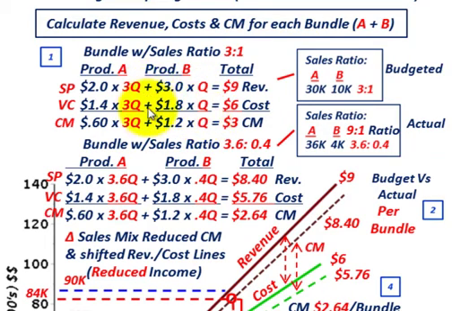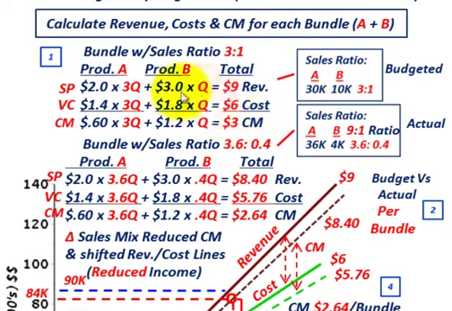So you can see we put in those ratios. For A, a ratio of 3, for B, a ratio of 1. And that gives us a contribution margin. If you do 3 times 60 cents, $1.80, plus 1 times $1.20, adding those together, you're going to get $3 in contribution margin per bundle.